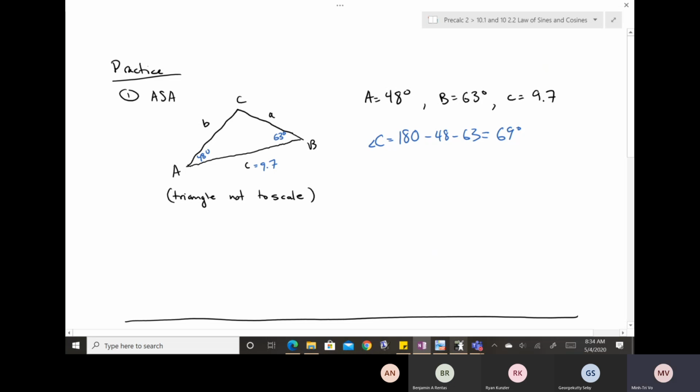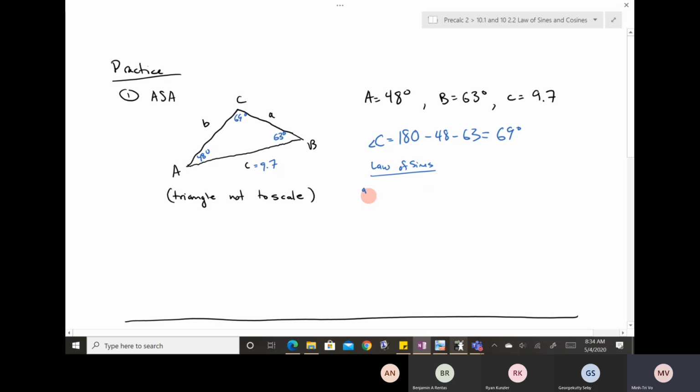So this is 69 degrees, and then trying to figure out side A and side B, it's the same as before, right? So now we use the law of sines, right? So angle C and side C are the ones that are completely known, right?